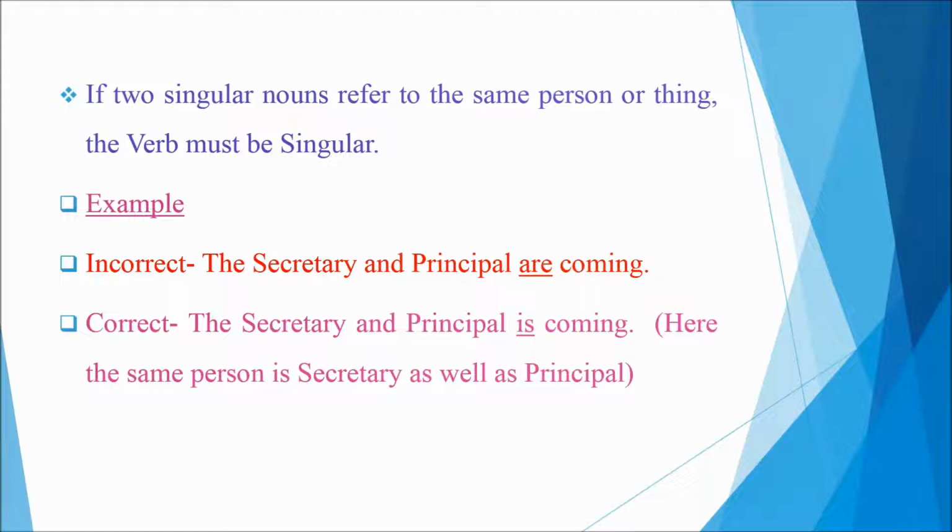Here the secretary and principal are two singular nouns that refer to the same person. So the verb must be singular, that is. So the correct sentence is the secretary and principal is coming.